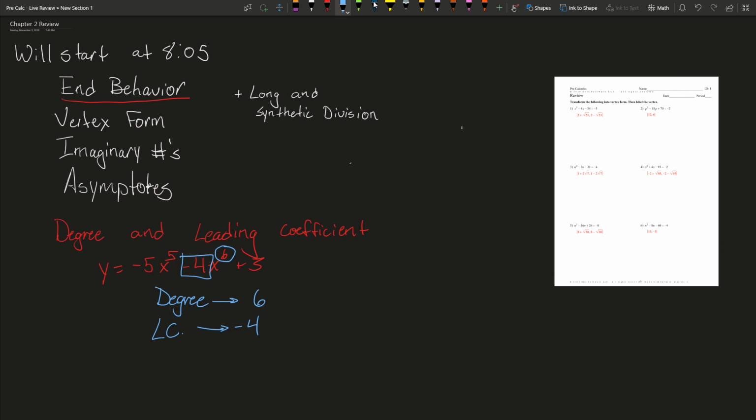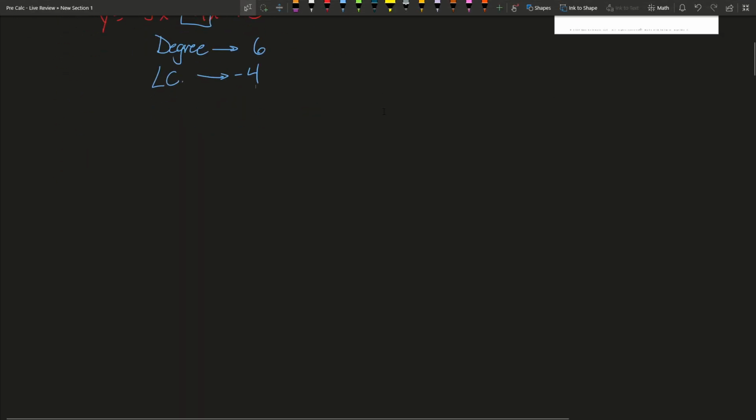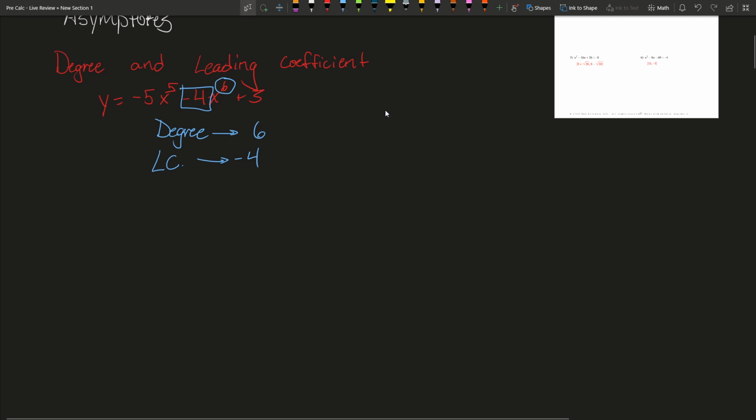And these two things tell us the basic end behavior of any graph, right? So degree can be even, and degree can be odd. And within those, there's two categories.